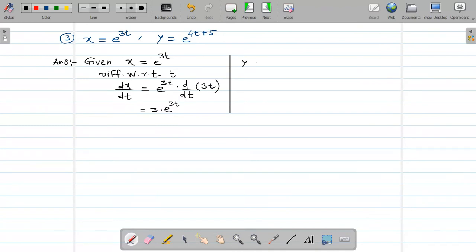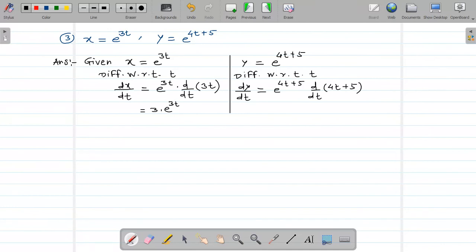Then another function is y is equal to e raised to 4t plus 5. Differentiate this with respect to t. Again we have to use the chain rule here. So dy by dt is equal to, by the chain rule, the derivative of e raised to 4t plus 5, which is e raised to 4t plus 5 into d by dt of 4t plus 5.